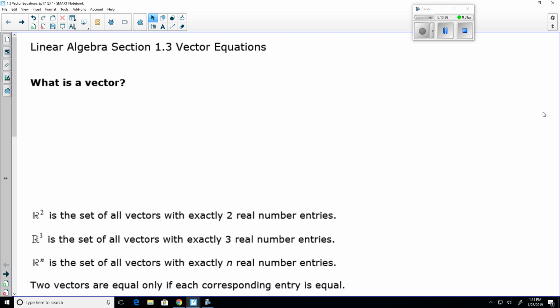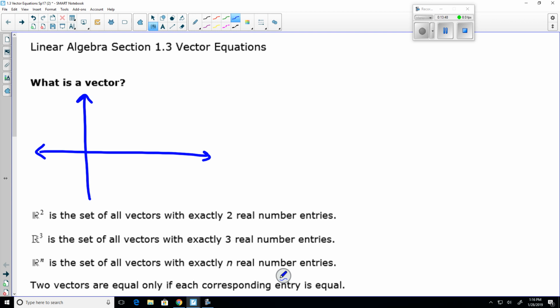Okay? So a vector is something that has direction and magnitude, and we like to graph them so that the end point of the vector is at the origin, and we will draw an arrow designating the direction, and the length of the arrow designates the magnitude of the vector.